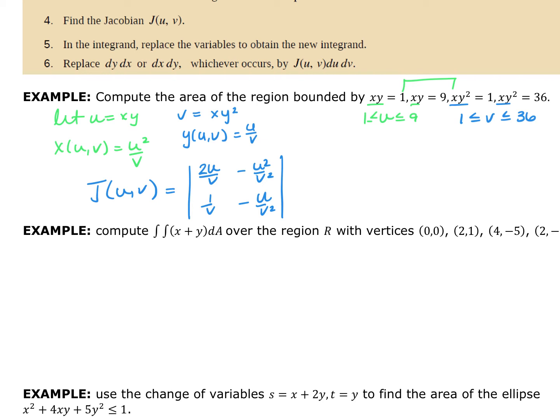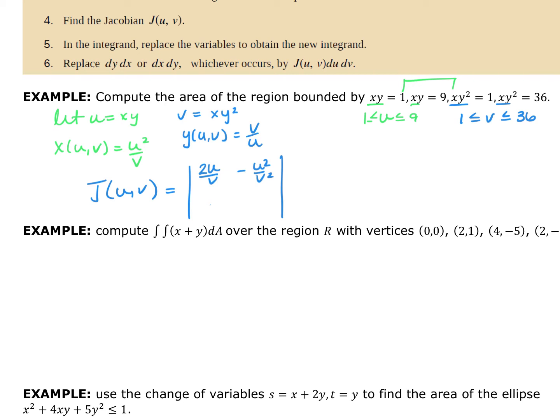All right, I'm going to make sure I did that right. Derivative of u with respect to v first. Oh, I don't have my y correct. My y should be v divided by u.